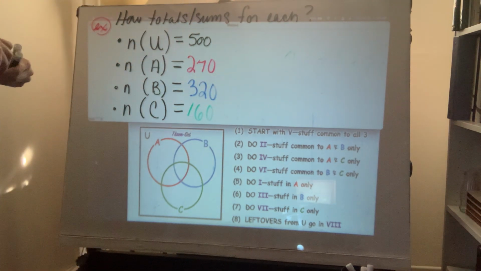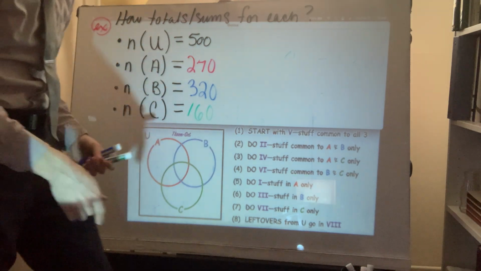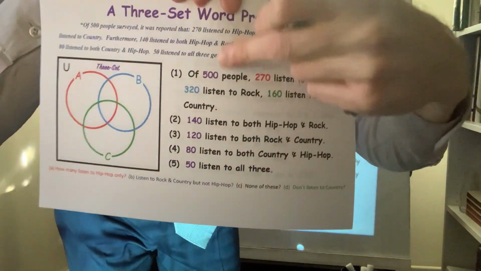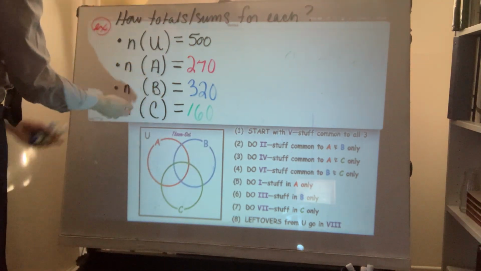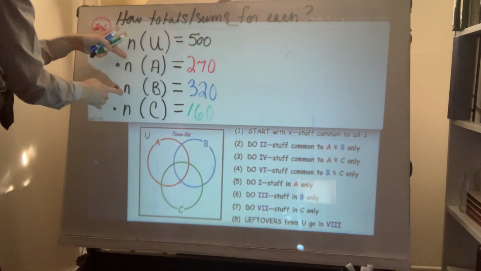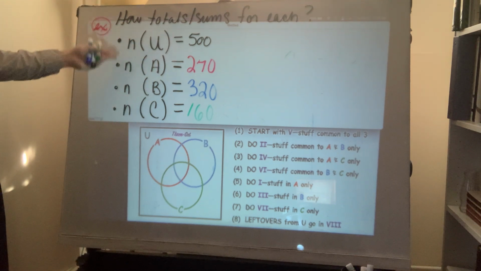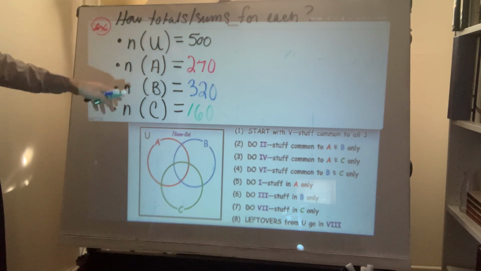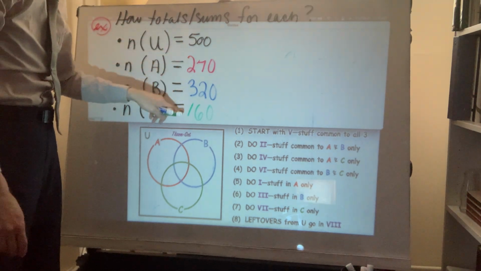This is a more concise way, more concise than even what I have listed here. I think the bullet points that I'm making now are actually better because they are adapting the symbols that we have used. The cardinal number of A, the total number of A. The cardinal number of B, the total number of B. The cardinal number of C is the total number of C. And they are 270, 320, and 160 total.